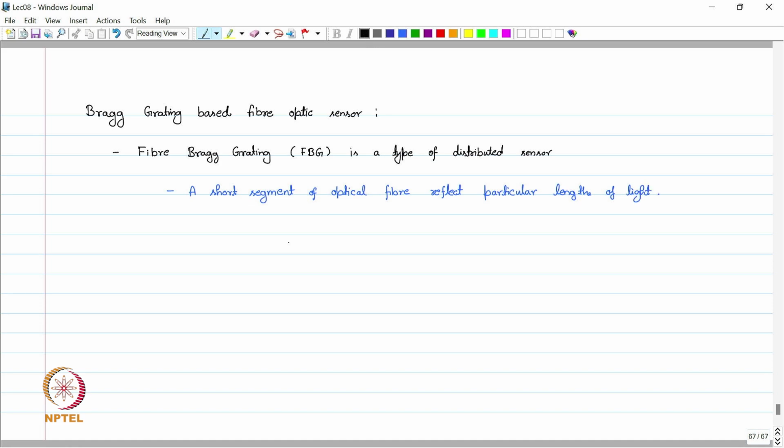So we have construction of this FBG sensor something like this. We have a core, and outside we have a cladding. This is our optical fiber, and in the core we put certain grating. Grating means we somehow change the material here.